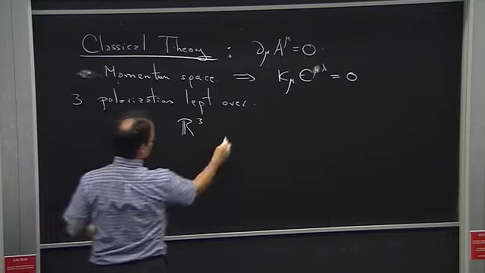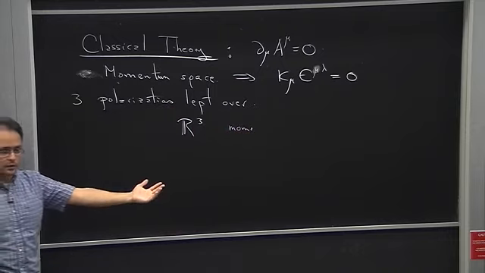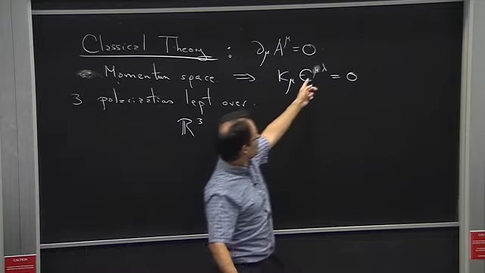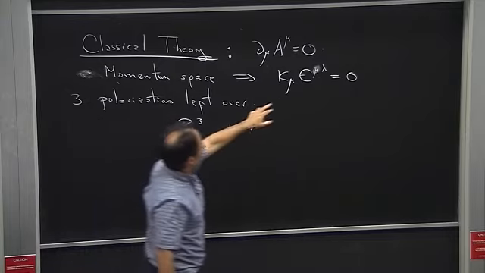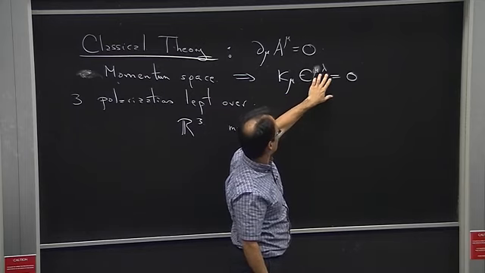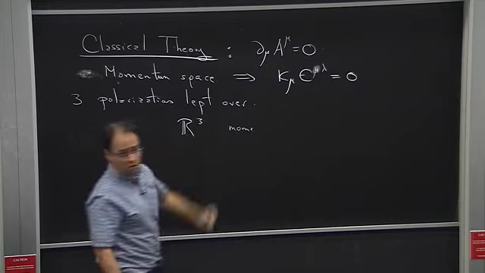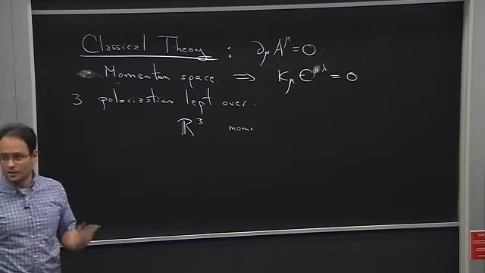How are there 3 polarizations left? Well, we have 4 independent ones, right? And there is one constraint, these guys have to satisfy this equation, so one of them has to go.